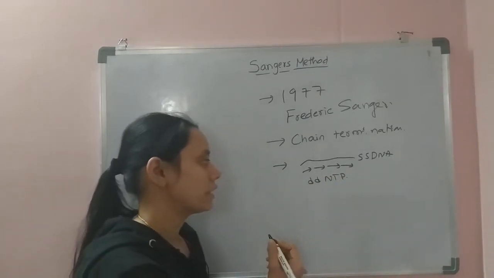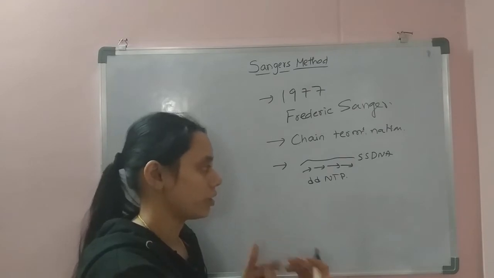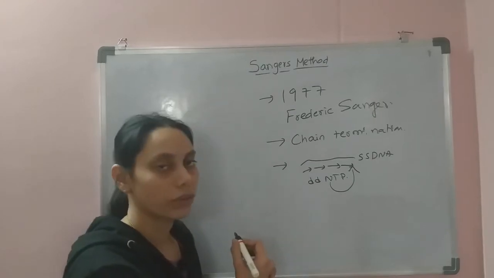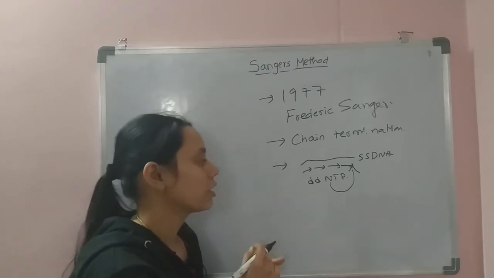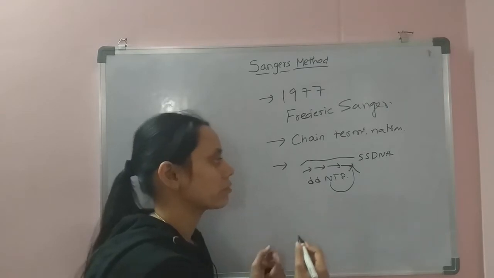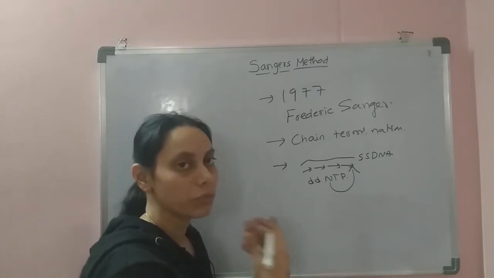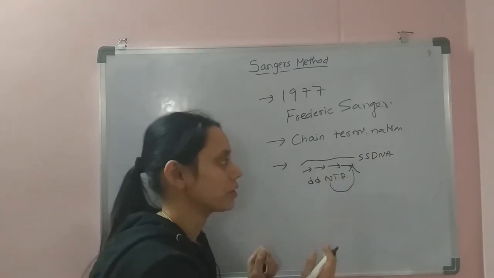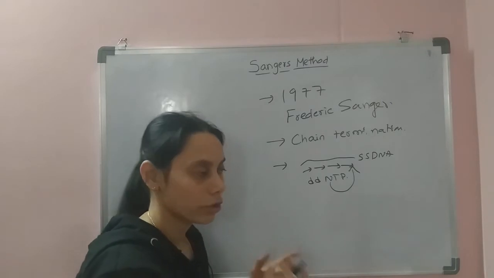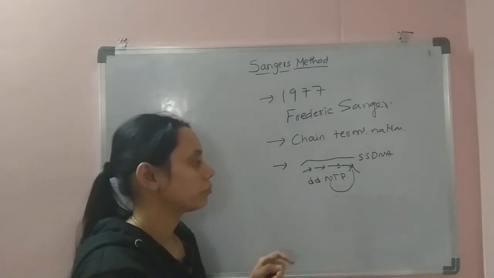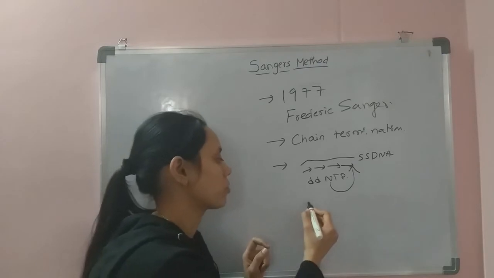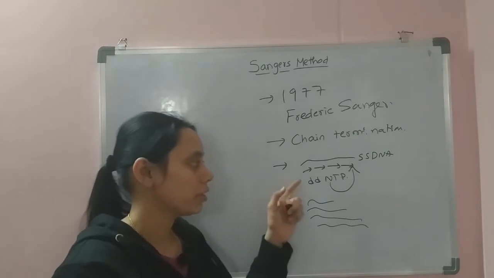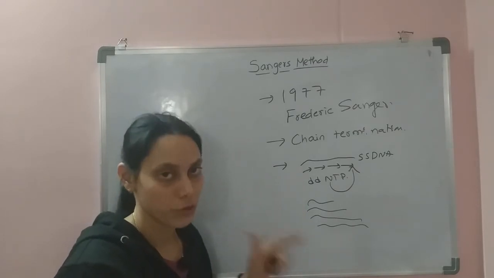These dideoxynucleotide triphosphates can enter the synthesizing DNA, but due to the lack of this oxygen moiety, they cannot proceed further. Once they enter the DNA chain, synthesis of the complementary strand stops, thereby producing different lengths of fragments based on the type of dideoxynucleotide triphosphate used.